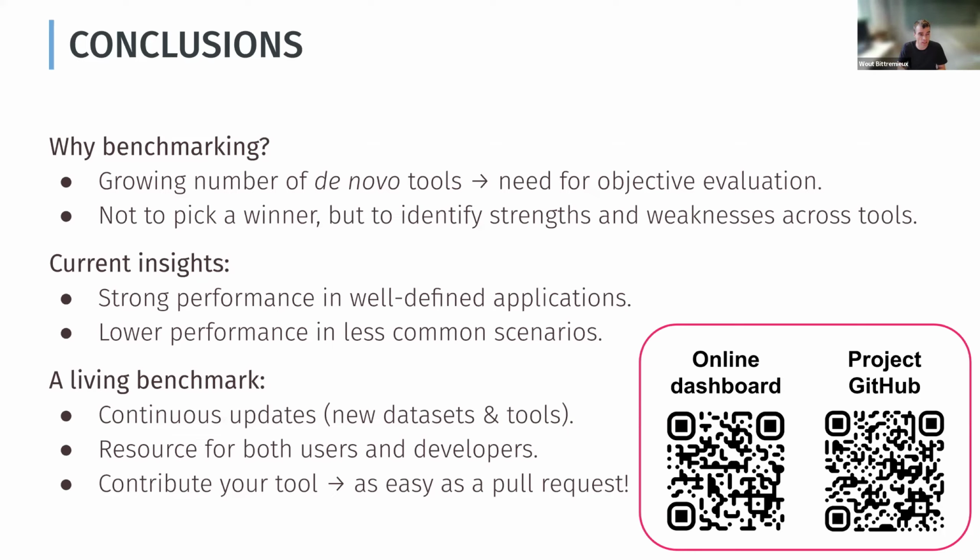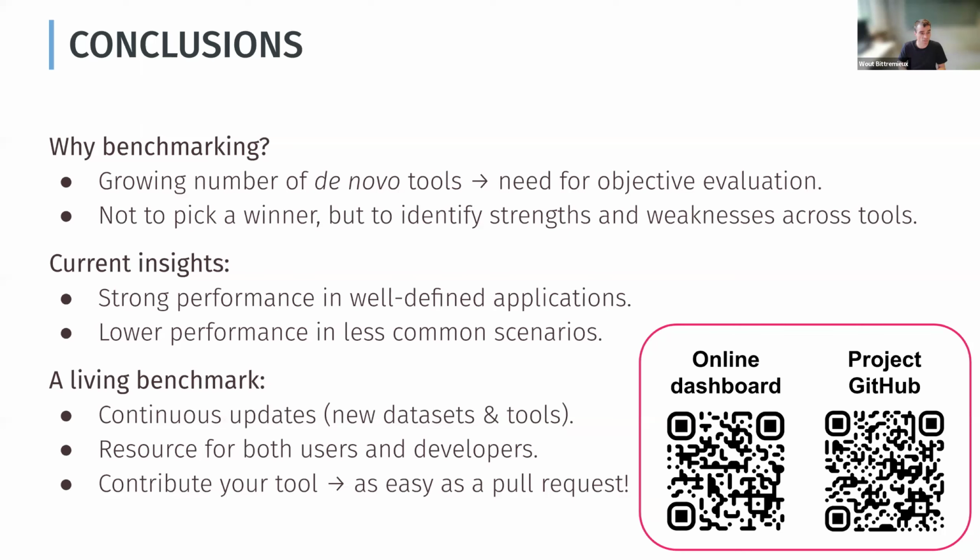Based on our initial results, we do see that these deep learning-based de novo sequencing tools tend to get very strong performance in well-defined applications, but performance can still drop in less common scenarios, such as instruments that were not represented in the training data set or different proteases, etc.